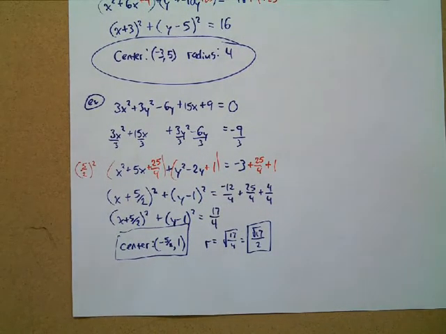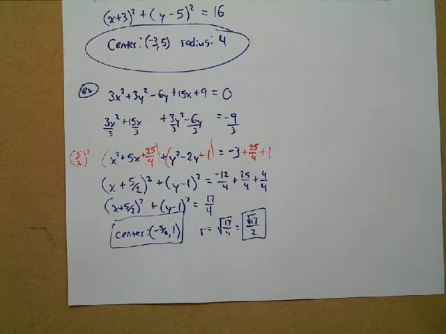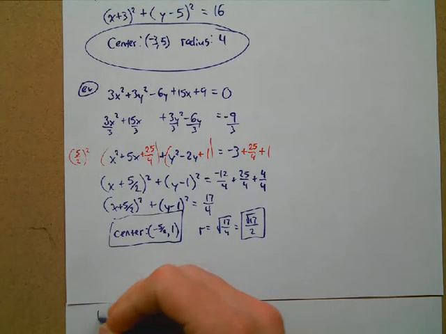All right, let me give you guys one to try here. Try this one here. X squared plus y squared, so I'm being nice, no coefficients in front of the x squared or y squared terms, plus 4x minus 14y plus 4x minus 19 equals 0. Okay.